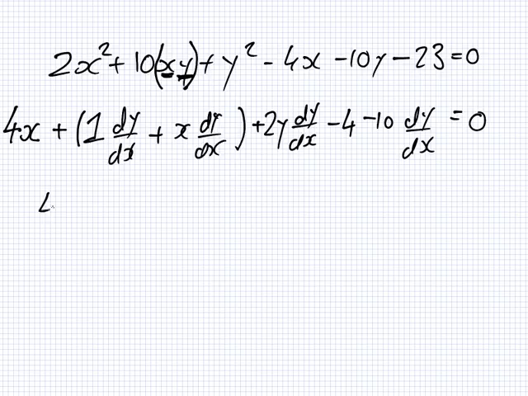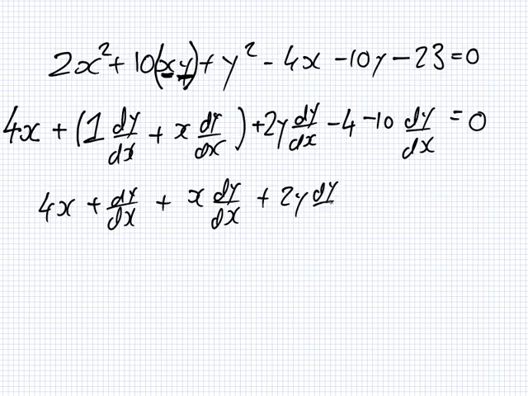So we get 4x plus dy/dx plus x dy/dx plus 2y dy/dx minus 4 minus 10 dy/dx equals 0. Is that okay?